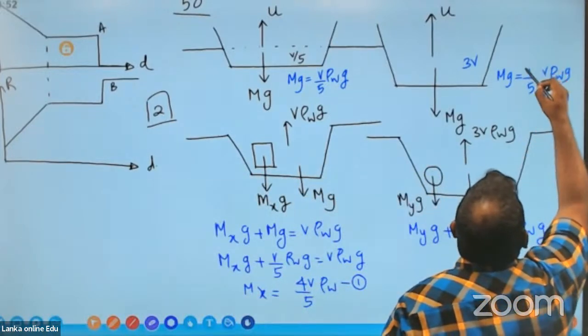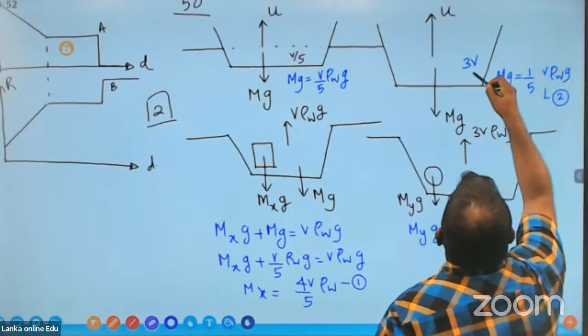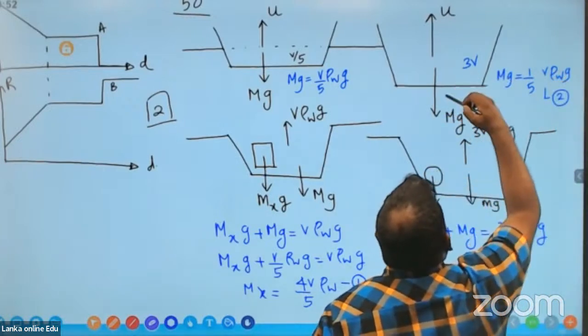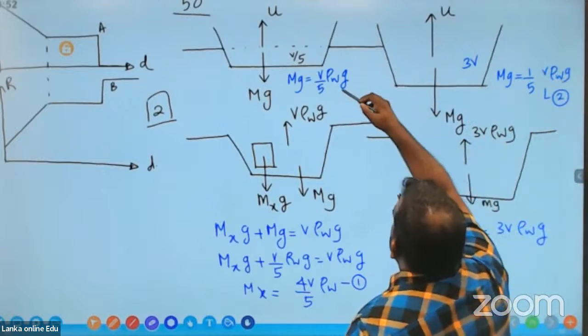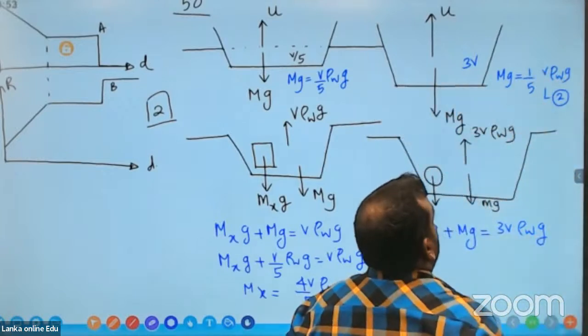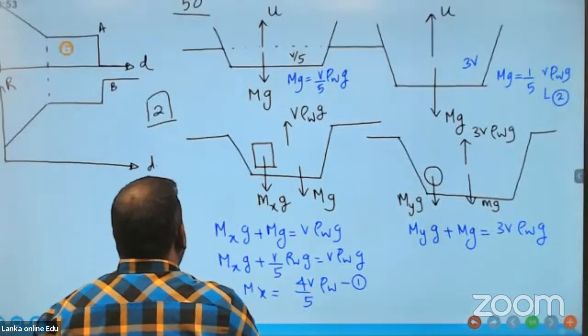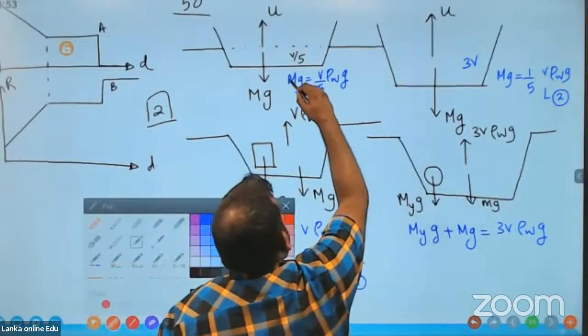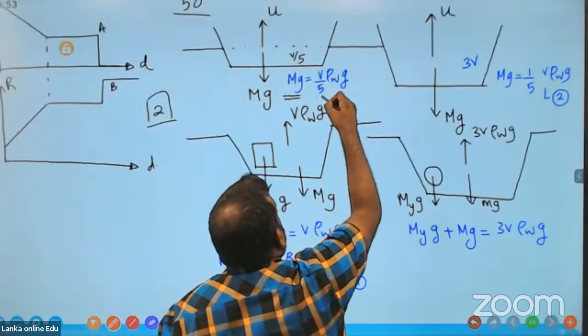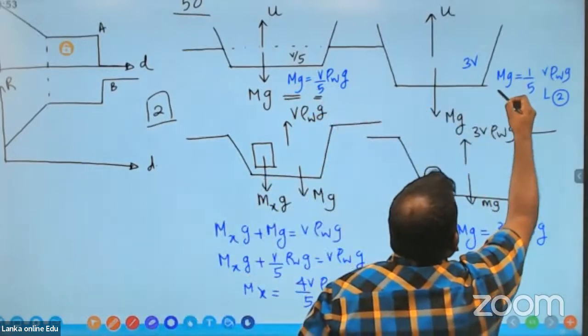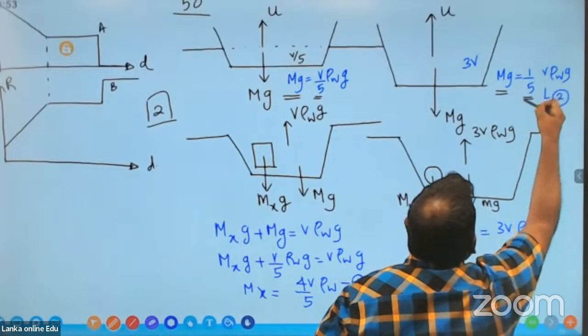Whatever happens here, the submerged volume will be the same. Same weight is balanced, submerged volume is the same. Okay, no? This weight is balanced by 1/5. This weight also should balance by 1/5.